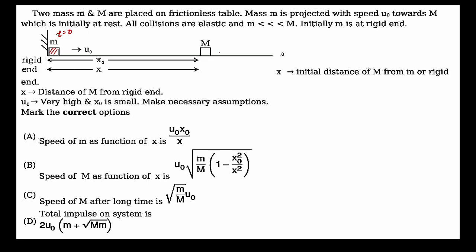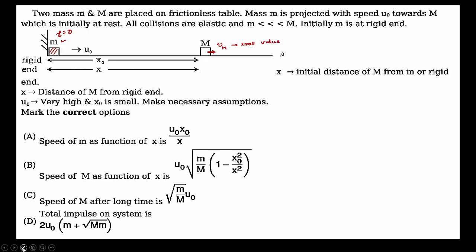As small m goes and hits capital M, capital M starts moving slowly towards the right hand side. I'm saying slowly because capital M is too massive compared to small m. So we consider the velocity of the big M to be really small, a small quantity.